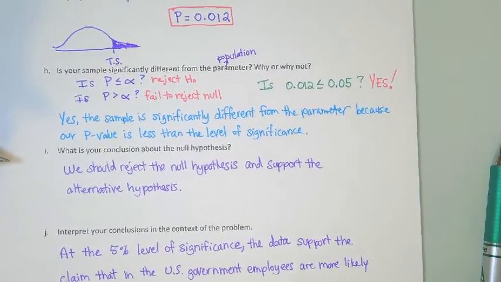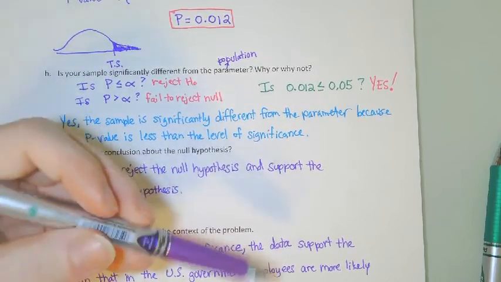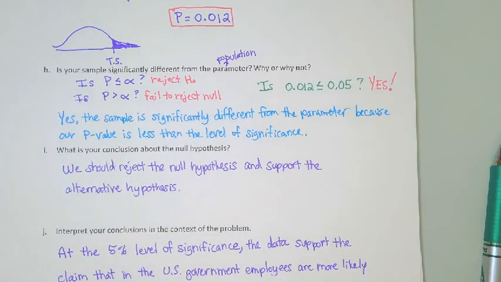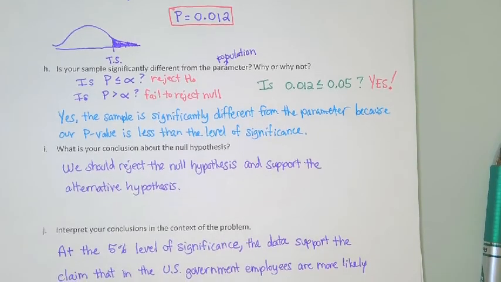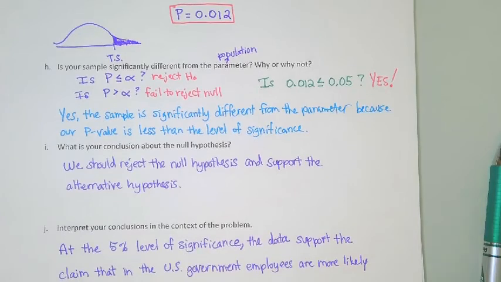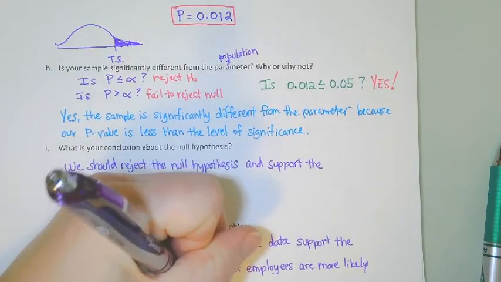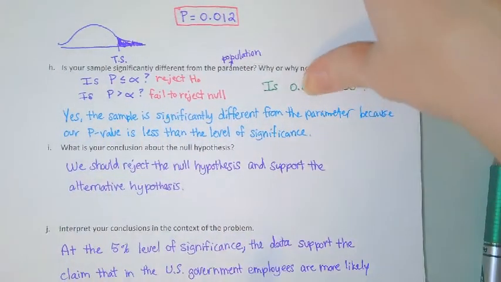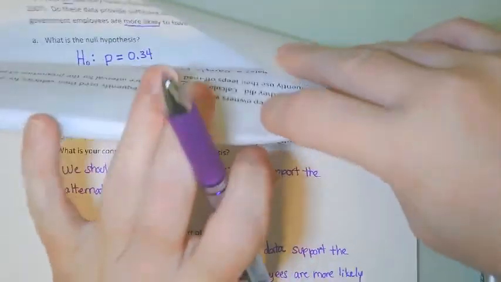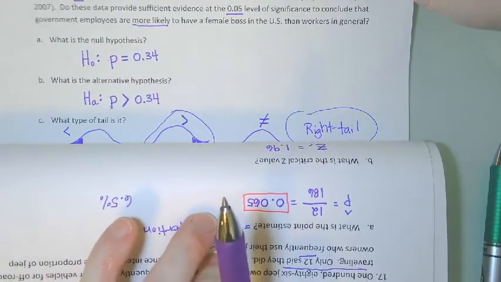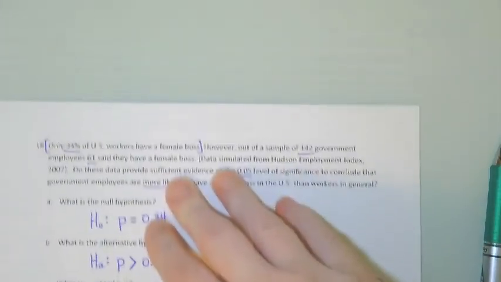And I don't want to just stop there. I'm saying the U.S. government employees are more likely to have a female boss compared to what, right? More likely to have a female boss than workers in general. And I want to check back with the problem.